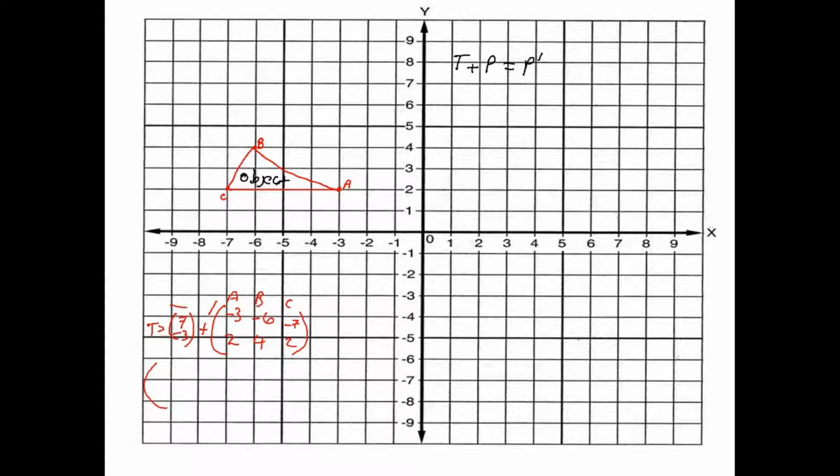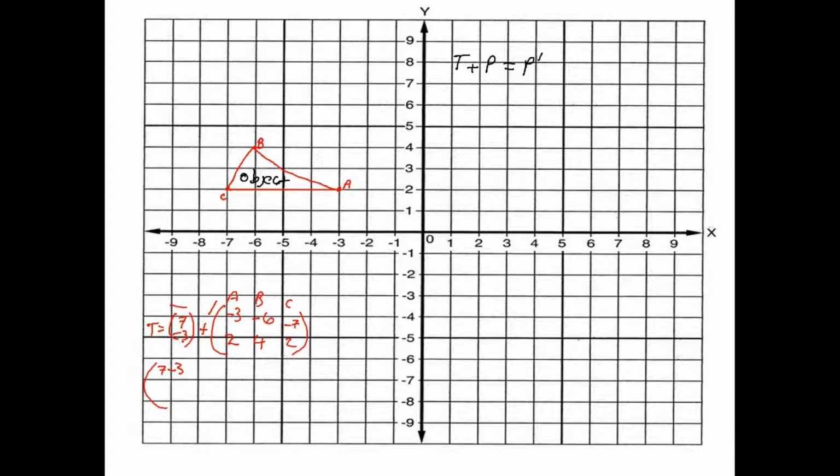Following the row times column procedure, in which going across 7 and the -3, we say 7 minus 3, right? Row times column, right?